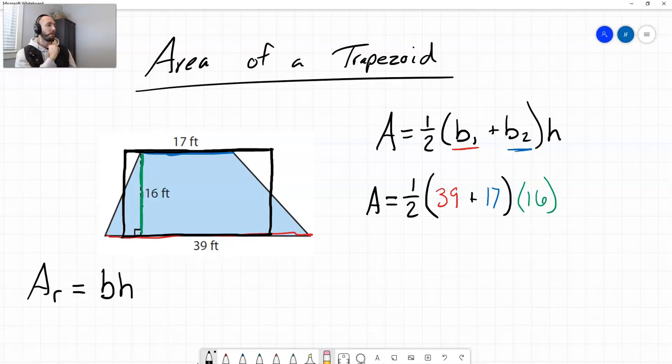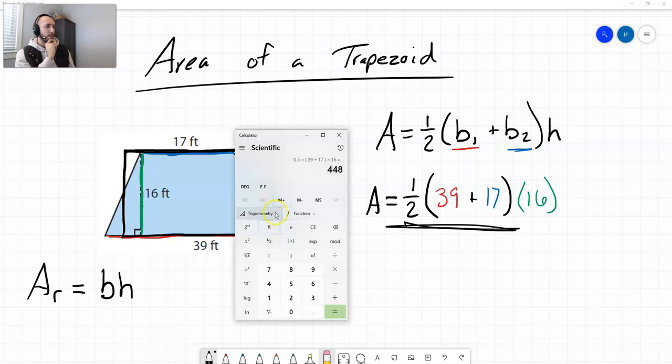So if I were to evaluate just this quantity here, let's see, that would be 1/2 of 39 plus 17. Let's see, 39 plus 17, and then we'll divide by 2.